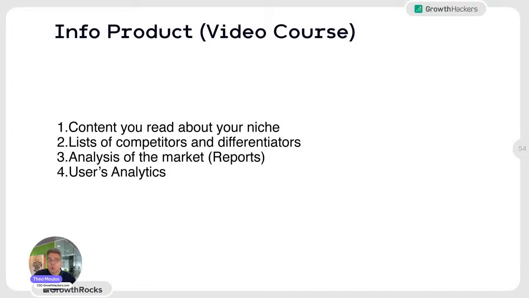Then all the content that you read about your niche is content that you can actually do something with. List of competitors and differentiators, why your video course is better than all the rest. That is something that you may actually put on a list. Or analysis of the market or user analytics, how users are behaving while watching your video course.